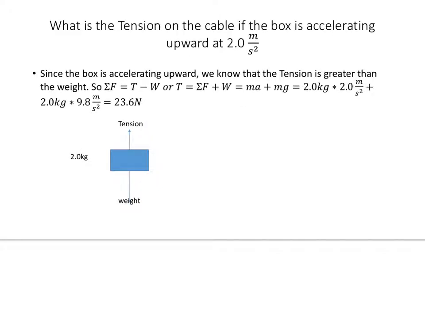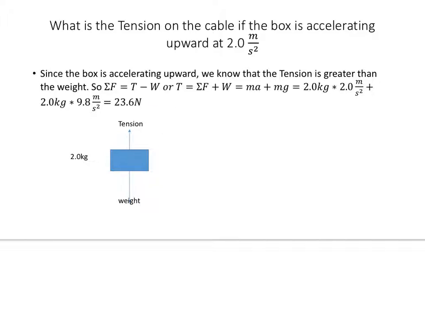So here's another example of an application of tension. Suppose instead of this box being at rest, like it was in the last slide, it's accelerating upward at 2 meters per second squared. Okay, so if that's the case, then we know that the tension has to be greater than the weight. That's why it's accelerating upward. So we can say that the net force is equal to T minus W. We're saying T minus W because, again, we know that the tension is bigger than the weight.